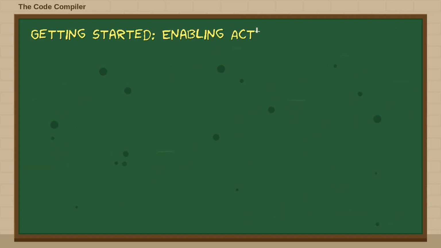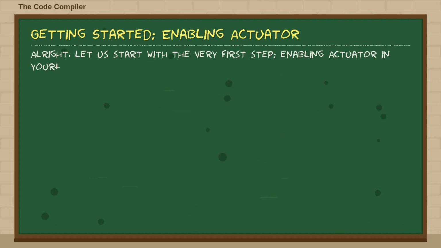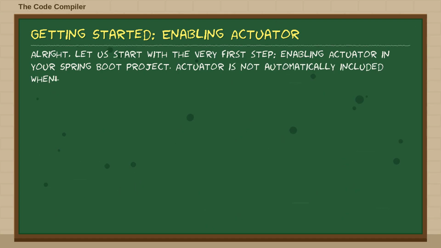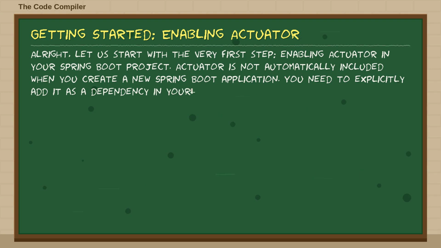Alright, let us start with the very first step, enabling Actuator in your Spring Boot project. Actuator is not automatically included when you create a new Spring Boot application. You need to explicitly add it as a dependency in your project's build file.